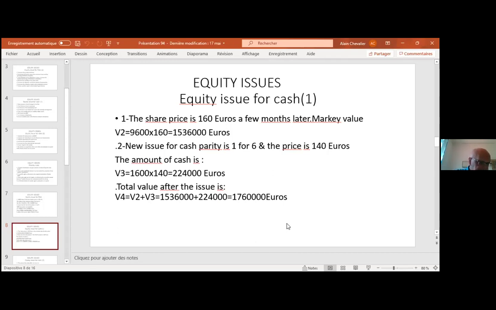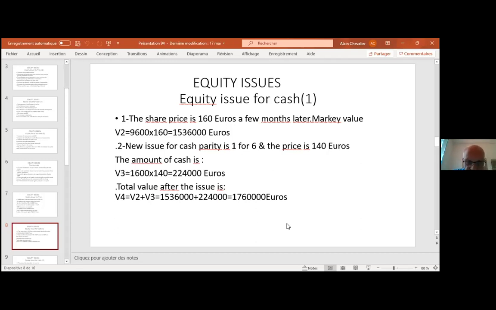And what we understand is that here, the share price has been moving. Remember that it was 180 euros before the first issue. According to our calculation, it was supposed to be 150 at the end of the first issue. And what we know is that a few months after, just before the decision to make a second issue, it is 160 euros.